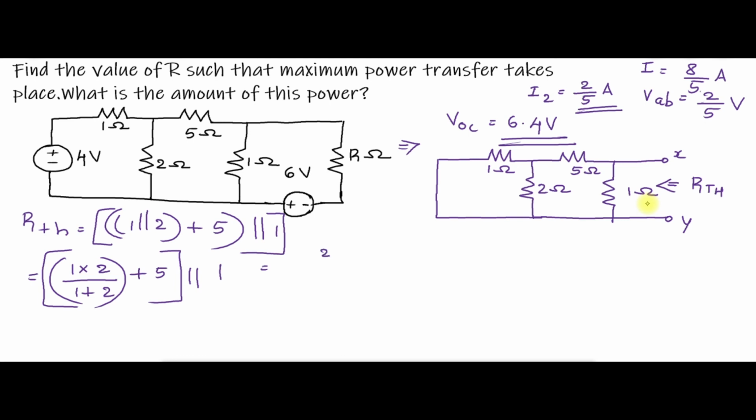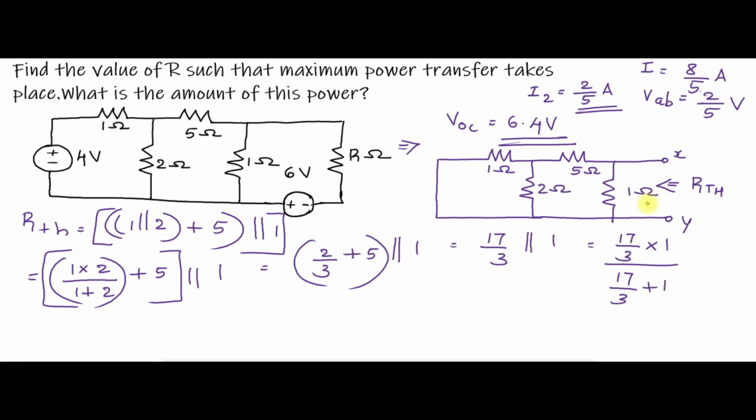So 2 by 3 plus 5 parallel with the 1 ohm. 2 by 3 plus 5, taking LCM, you will be getting 17 by 3 parallel with the 1. So on solving 17 by 3 into 1 by 17 by 3 plus 1, you will be getting RTH as 0.85 ohm. So you got RTH, which is the same as your RL, that is equal to 0.85 ohm.